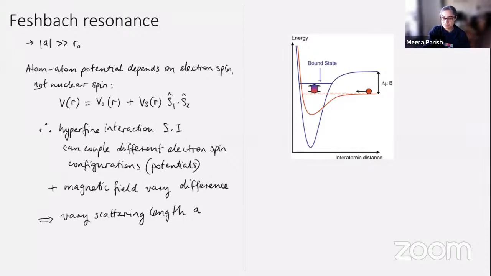So the problem with these P wave and D wave Feshbach resonances is that they're so-called narrow, in the sense that it's very difficult to get into a regime where you have a nice large and floppy bound state. We've been talking about these large S-wave type states, low energy, much larger than the range of the potential.